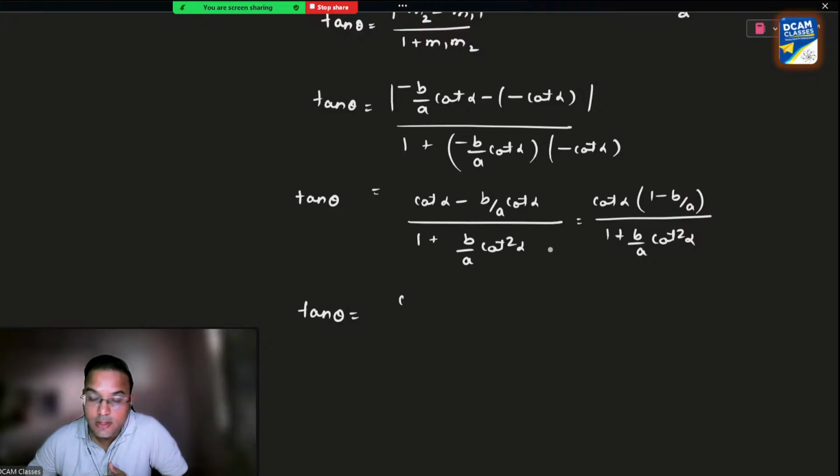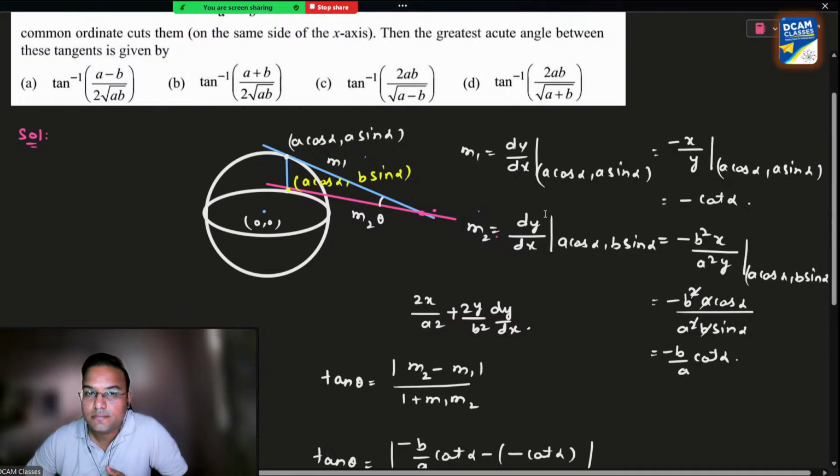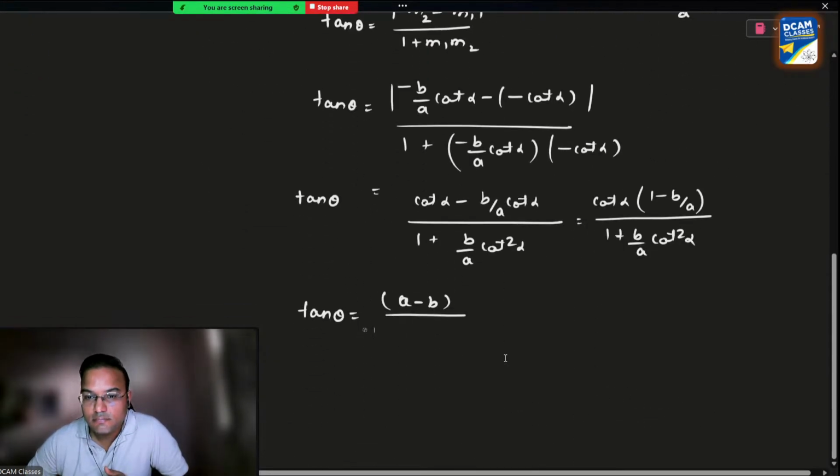By tan alpha, a tan alpha, a minus b. Can you show the options once? See, are you getting any option? I think no, sir. No options matching.